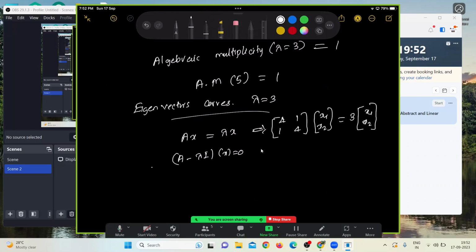Here A minus lambda I means A is 4 1 1 4 and lambda I means 3 0 0 3. I will write 4 1 1 4 minus 3 0 0 3 into x1 x2 equal to 0. This is the equation we need to solve.